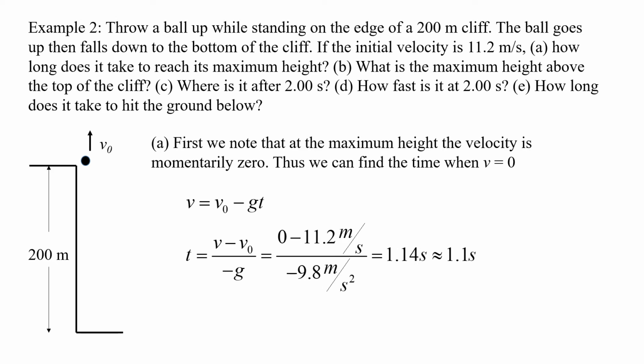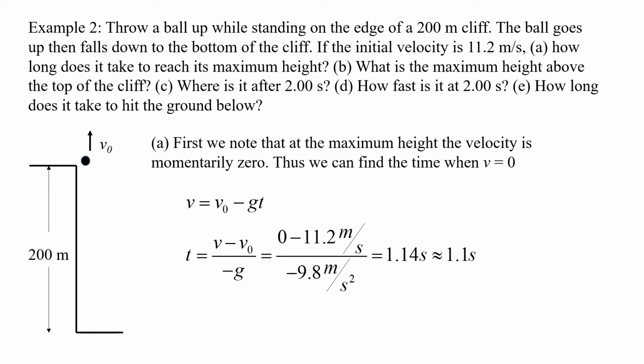So the first part, how long does it take to reach the maximum height? Well, if you take an object and you throw it straight upward, what happens to it? Well, on the way up, it's going to slow down, and then eventually it comes to a stop momentarily and then comes back down. So when it reaches its maximum height, it momentarily stops.